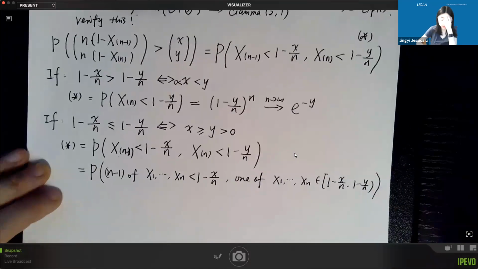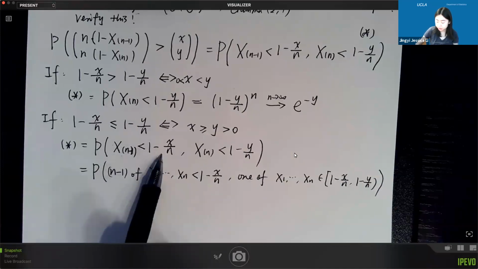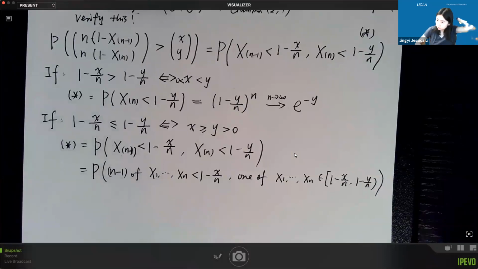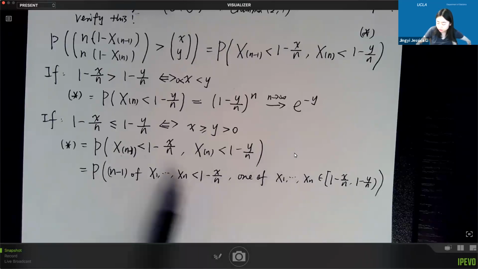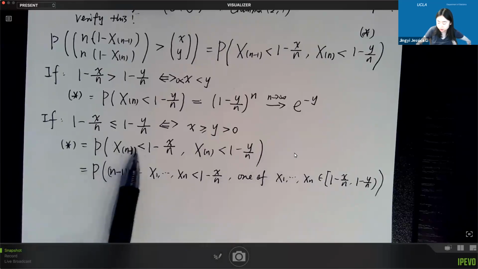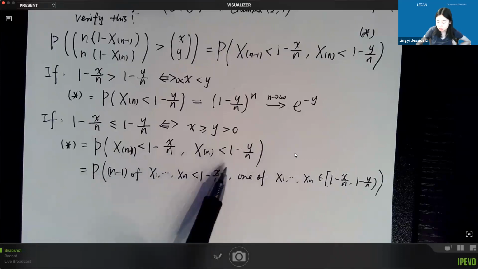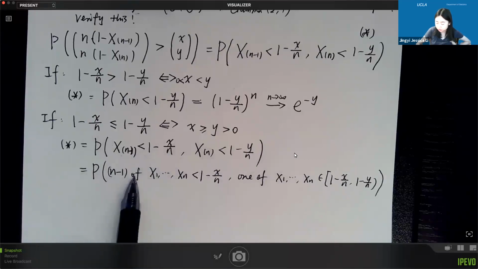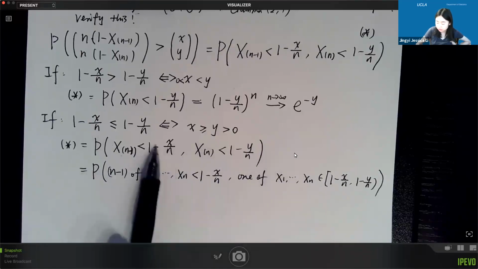This is what we will need. Otherwise, we would not have the second maximum under this, but the maximum under that. So that's how the constraint will be. If everything is less than or equal to 1 minus x over n, then we can just write x_n less than 1 minus x over n, and it's not equivalent to this event. So when this event happens, it must be that we have n minus 1 of those less than 1 minus x over n, and the remaining one is between this and this.